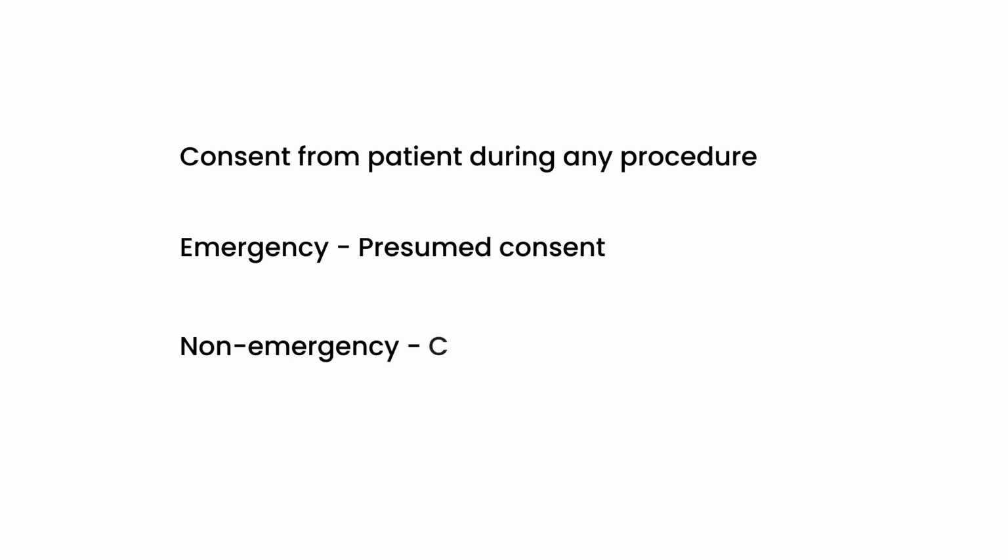Now you have to split it up into children and adults. In children, of course, the consent is obtained from the parent or the legal guardian. Now in adults, that's where the discussion is really a little bit more complicated, and that's what I wanted to focus on.